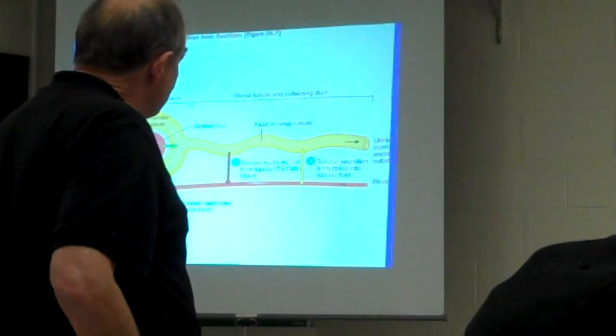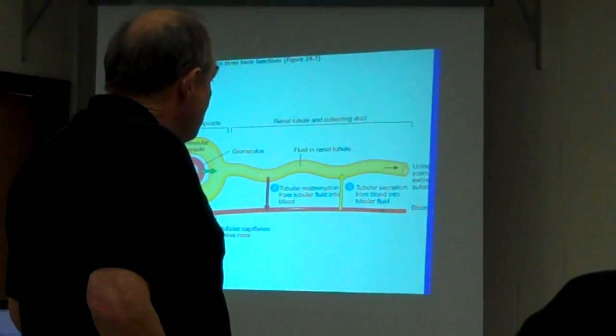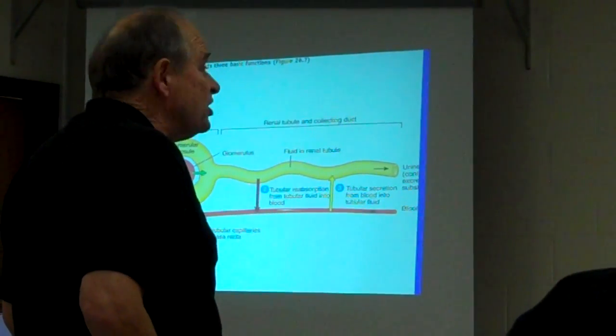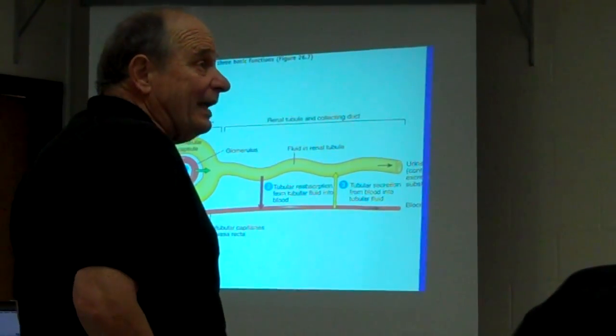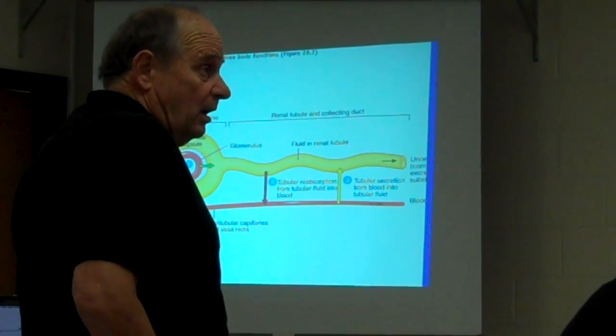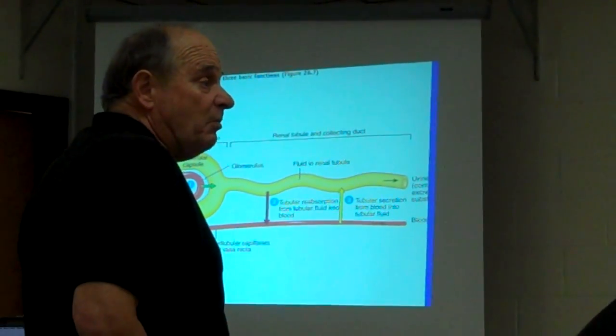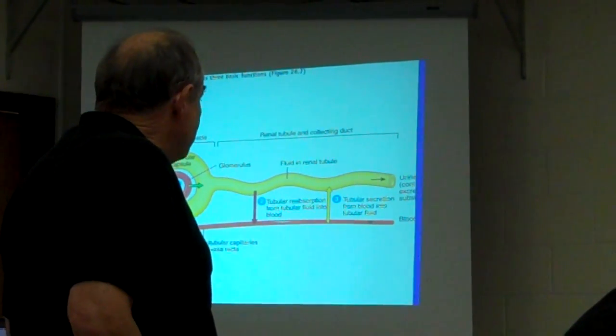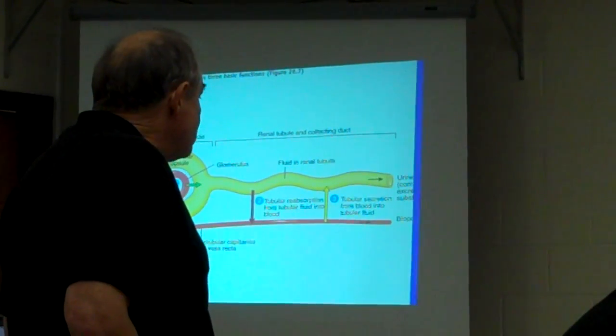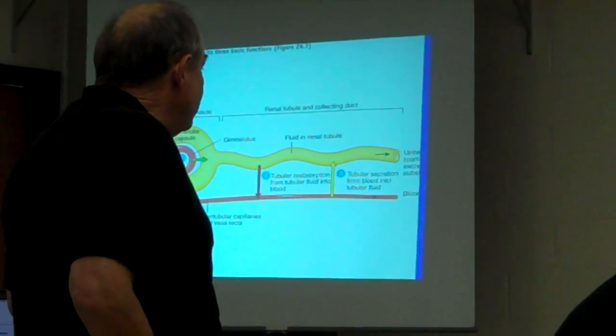We have to reabsorb most of the stuff. Most of the stuff that filters across here is good stuff. We can't get along without it. It's a lot of electrolytes, a lot of water, a lot of things our bodies need. So this is tubular reabsorption, from tubular fluid into the blood.